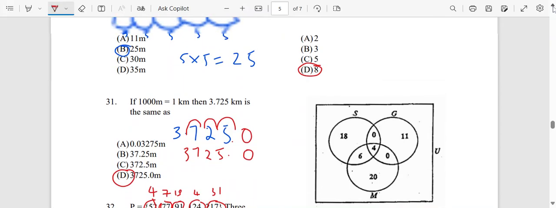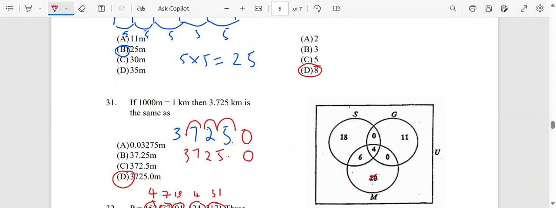So this is Spanish and this is mathematics. Only, meaning that they don't do geography either, right? It cannot be 20 because 20 is just mathematics, right?